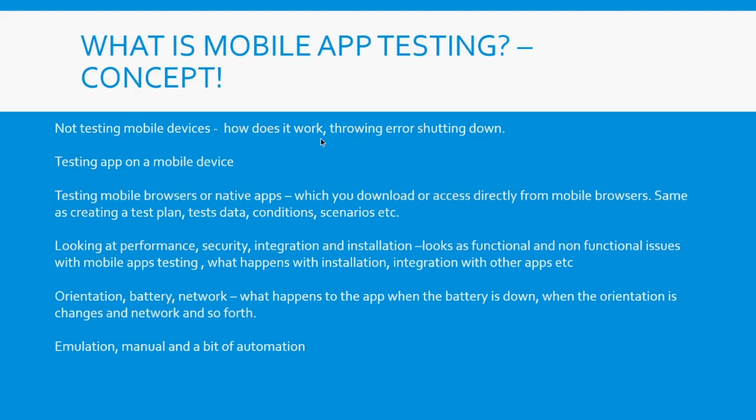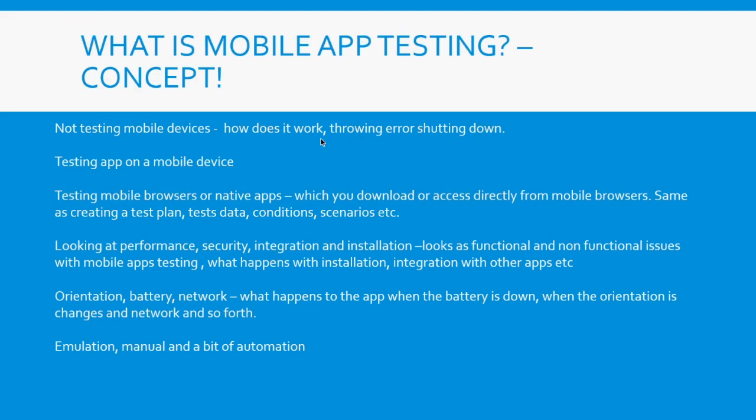How will your application behave when you change the orientation, when the battery is low, or when you move from one network to another? For instance, if you are moving from your mobile network to Wi-Fi, how will that application behave? Or what will happen when the battery is down?